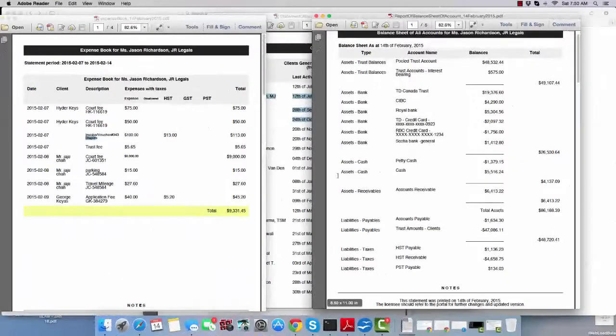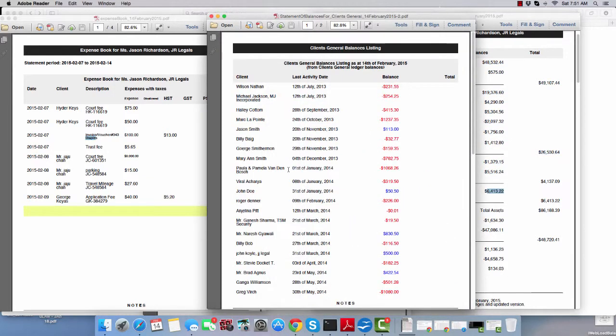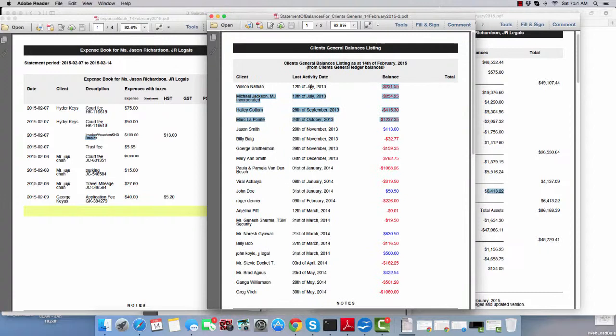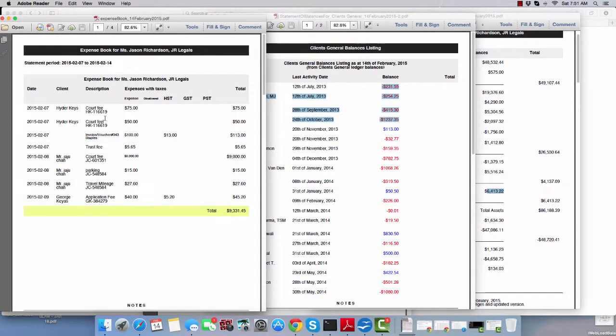To summarize, the most important thing that we recommend is that you do a balance sheet in ULaw and make sure that your assets are all good and your receivables are good. Ensure that what you think the client owes is what you need to collect, and you can find out when the last payment was made. Review your expense book.